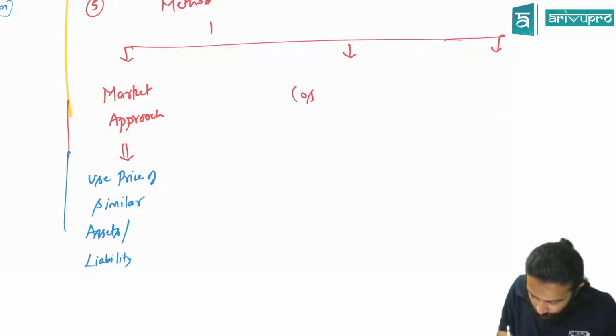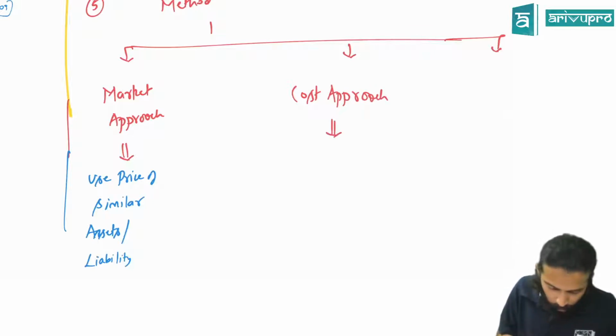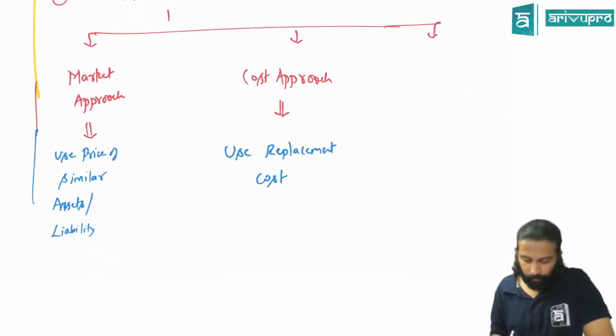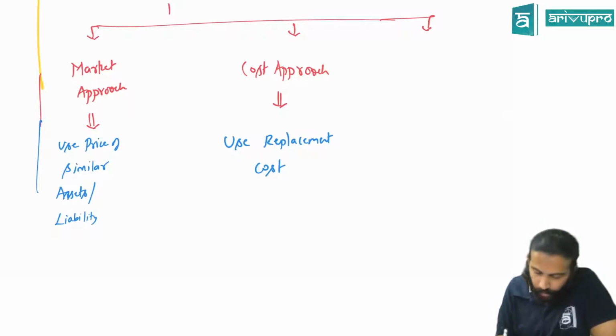Next you can write cost approach. If you're using cost approach to find out the fair value, then you will be using replacement cost. Replacement cost will be treated as a fair value, subject to certain adjustments.